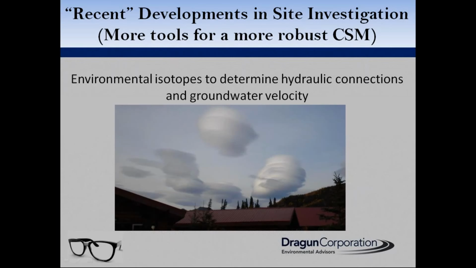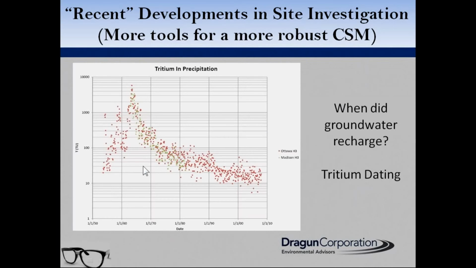So how can we use these parts of the water molecule to help us solve hydrogeologic problems? This slide shows you the distribution of tritium in precipitation with time from 1950 to 2010.